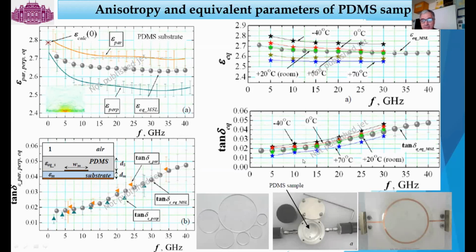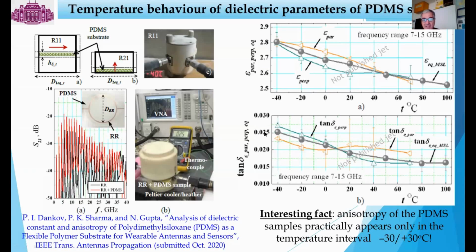This is completely new data for this very popular material, and we even conducted a very interesting temperature measurement, and found that anisotropy appears about 0 degree Celsius, between minus 40 to plus 30 degree Celsius. This is also very new, and we have an explanation.